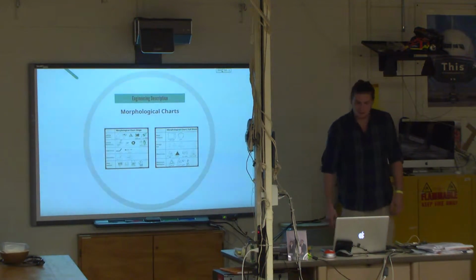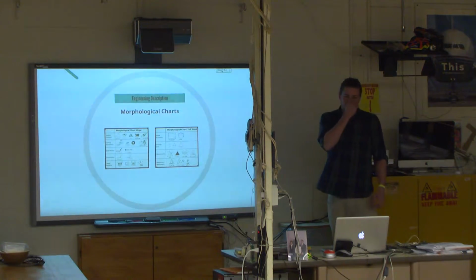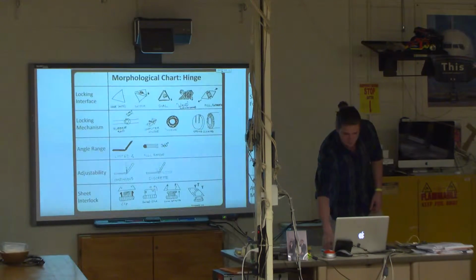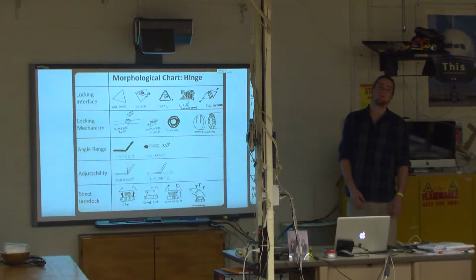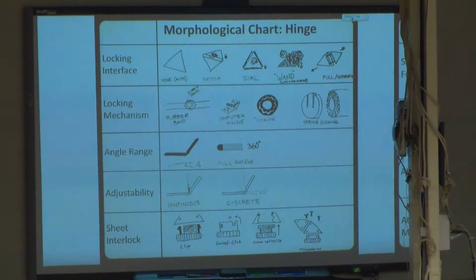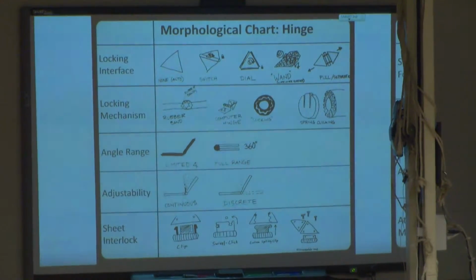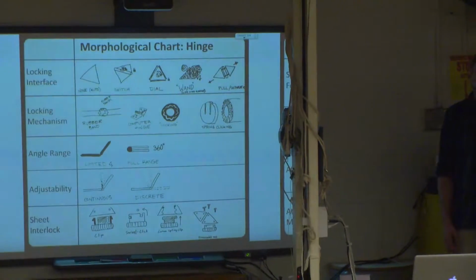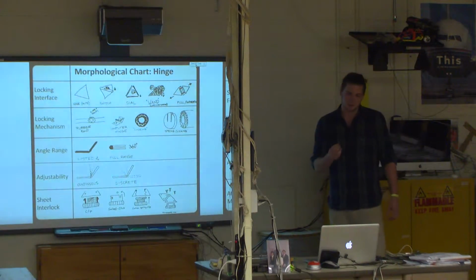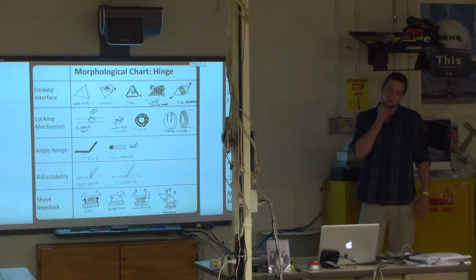So when we're going into this design, there's a number of different aspects to tackle. To evaluate all the different components we needed to address and how to solve each issue, we created a morph chart. This is a common mechanical engineering tool that we used a couple of times throughout undergrad. For instance, you look at the locking interface. You could use a switch, a dial, a wand, pull mechanism.